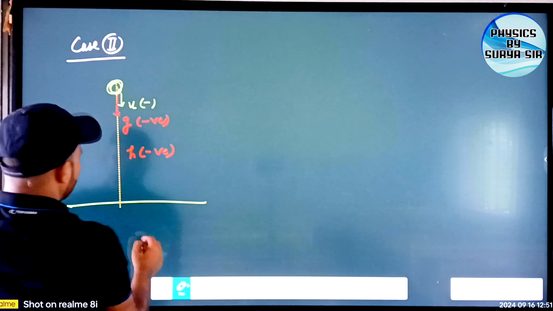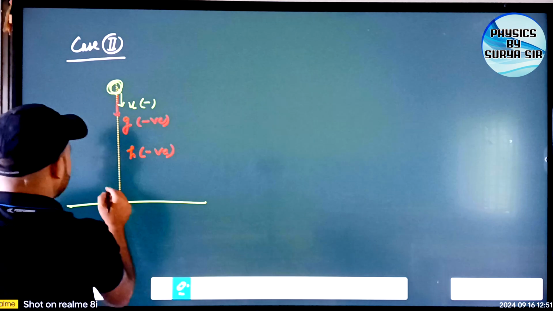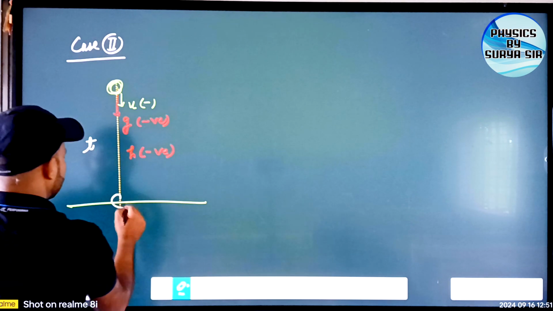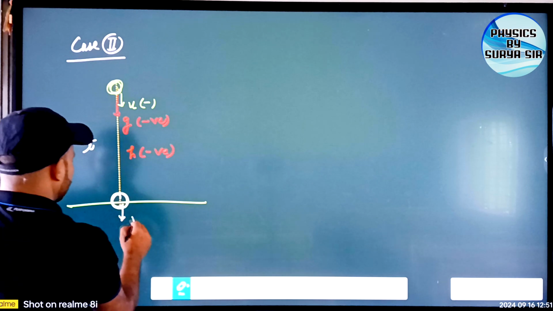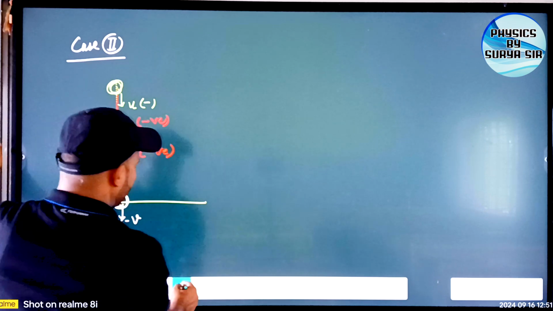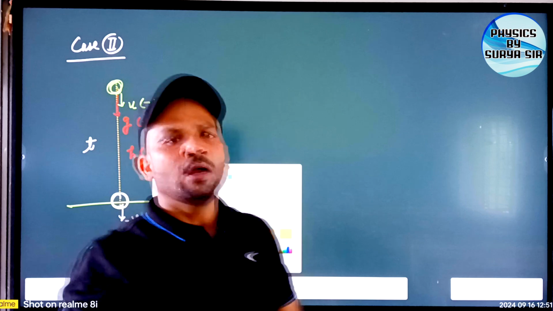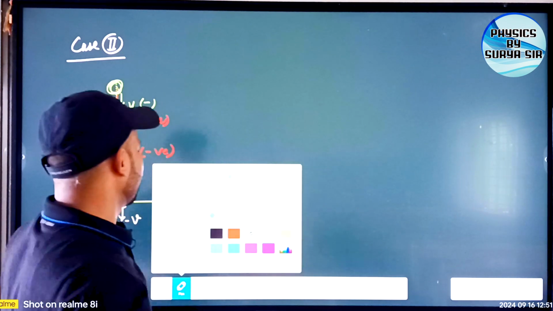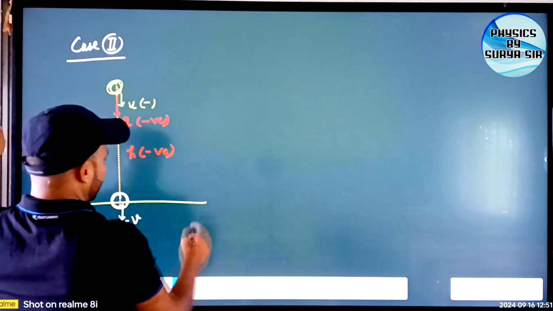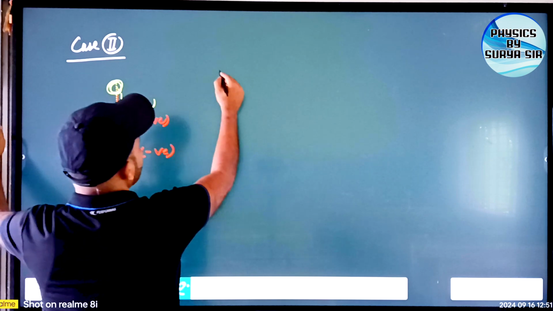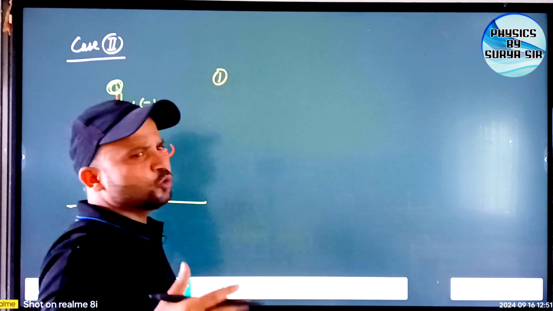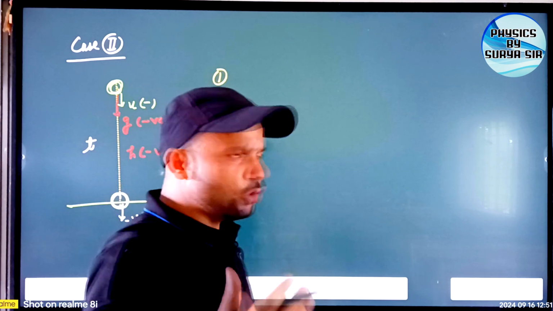Suppose after some time T, it is here and its velocity is V. So how can we write the equations of motion of the object when it is falling downward? The first equation: V is equal to U plus AT.